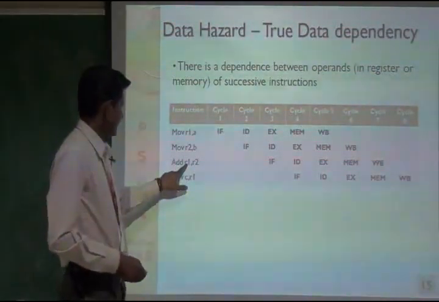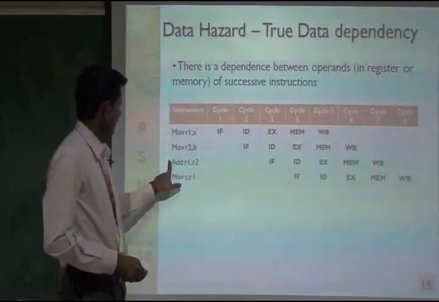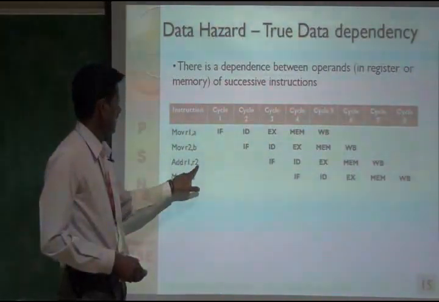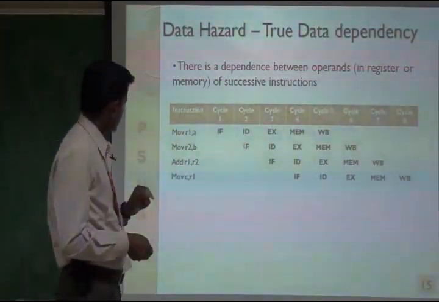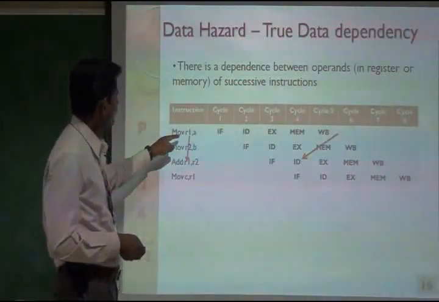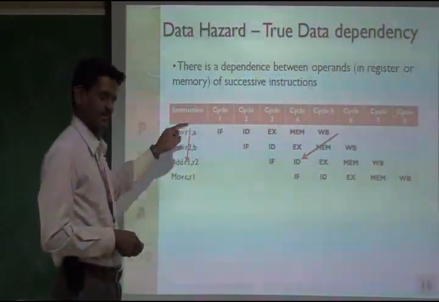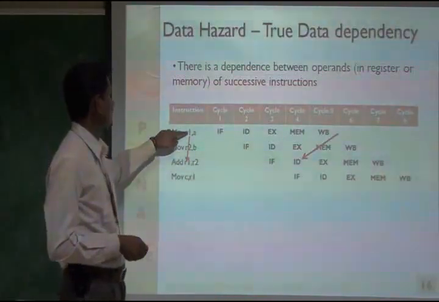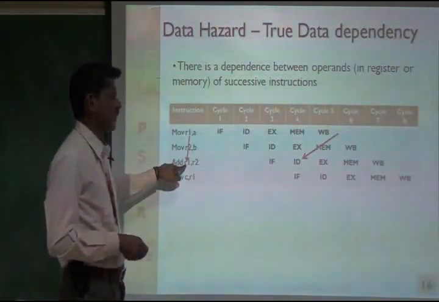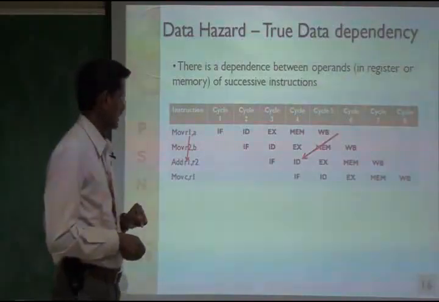For instruction 3, the source operands are R1 and R2. R1 is the output of instruction 1. So the output of instruction 1 acts as input for instruction 3.